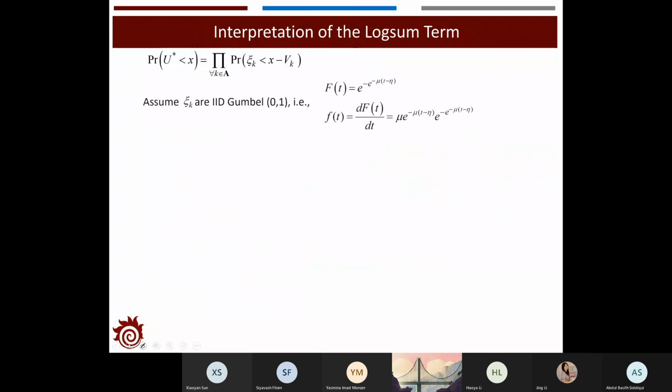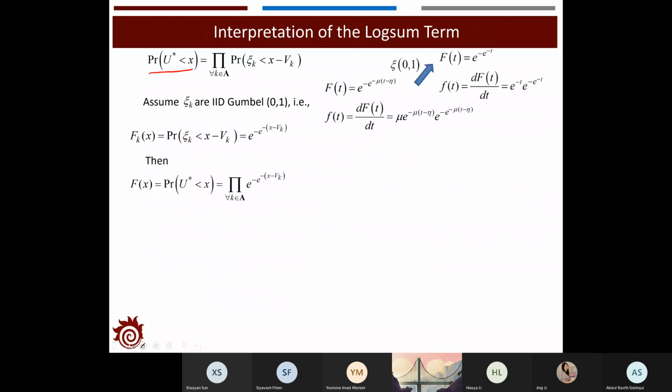And by assuming the Gumbel distribution, we can derive the expression for this cumulative distribution function. If we do this estimation, you can find that the CDF will be the exponential of minus the summation of exponential minus X minus Vk. So that's the formula for the cumulative distribution function.